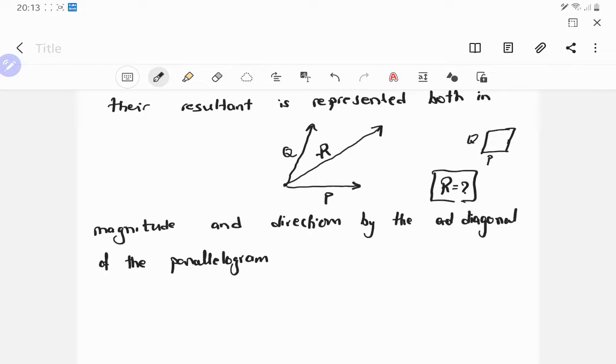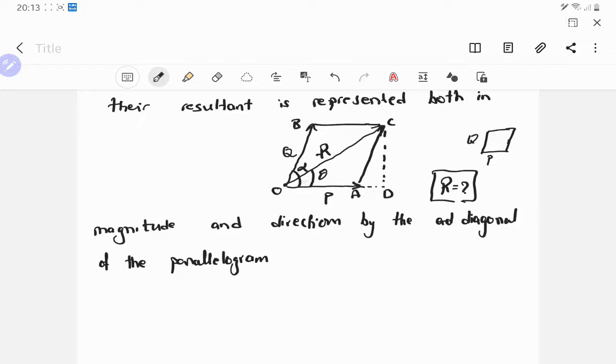For that we assume a parallelogram like this, and if we extend P, taking O as the center, OA as P, OB as Q, and OC as R. Now I take the angle between the two forces as alpha and the angle between the resultant and one of the forces, P, as theta.